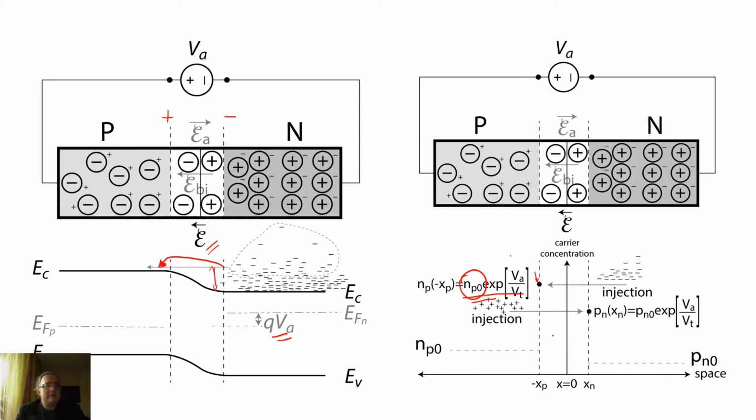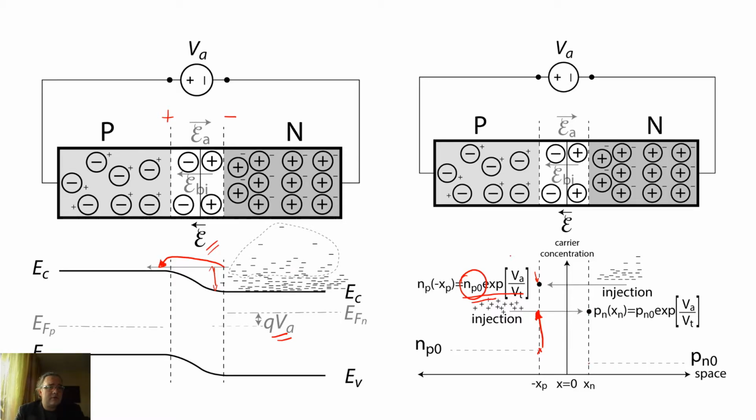So what you can see is that at the edge of the space charge region, the concentration of electrons, which are minority carriers in the P side, jumped exponentially. So we have a change in magnitudes of their concentrations. The same happens with the holes, of course, from the P side injected to the N side, where the holes are minority carriers.